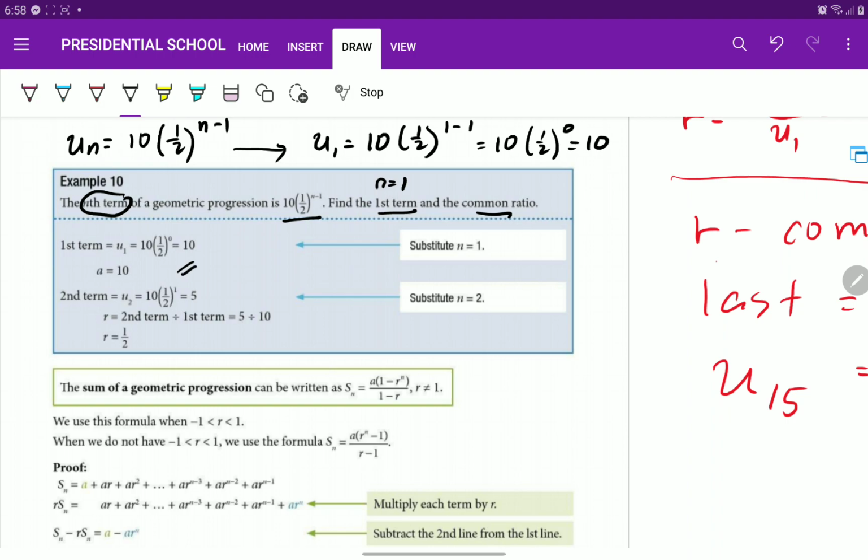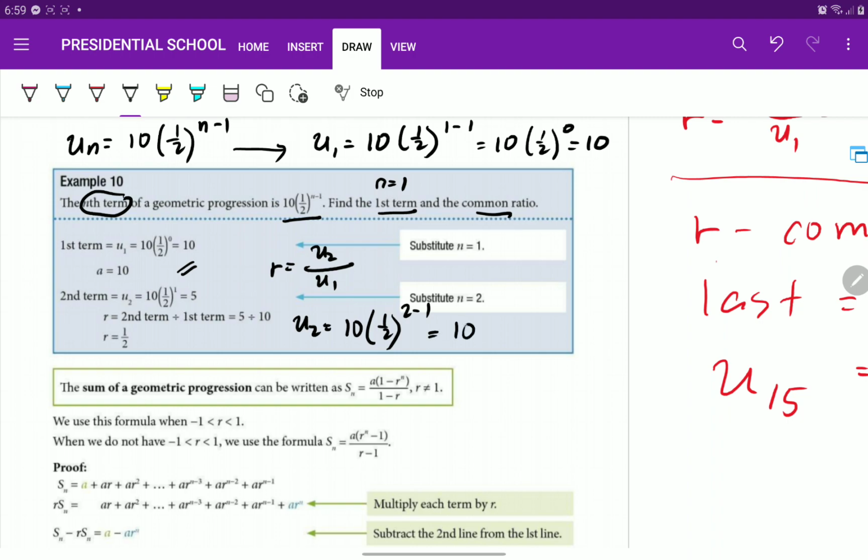Now you are looking for the common ratio. Again, what did we say? For us to be able to get the common ratio, we need to get the second term over the first term. We don't know the second term yet, so let's try to find the second term. U sub 2 is equal to 10 times 1/2, 2 minus 1.